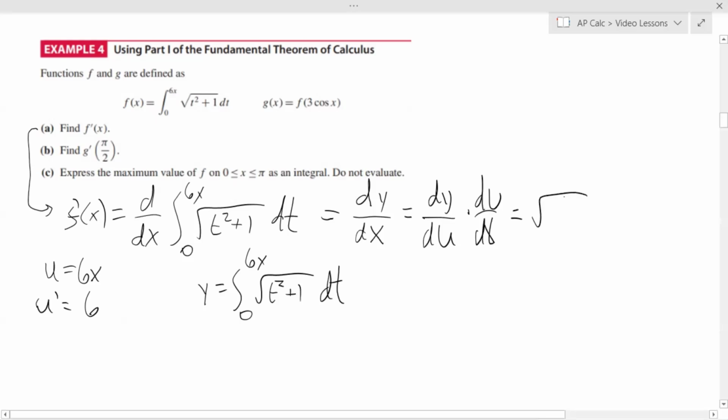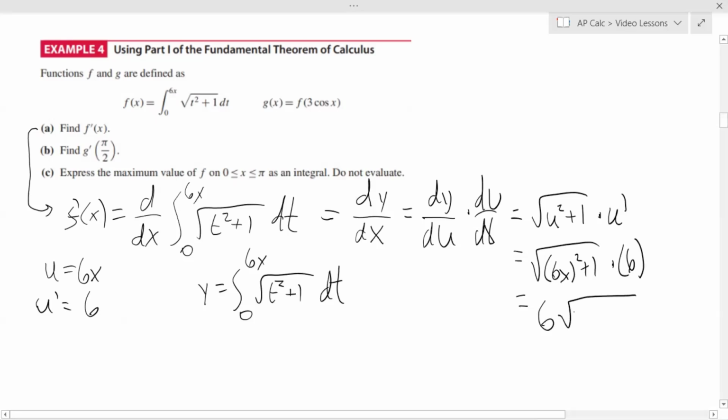So that's going to be the square root of (u squared plus 1) times u prime. Now, u in this case is 6x, so it's going to be the square root of ((6x) squared plus 1) times 6, which would give us 6 square root of (36x squared plus 1).